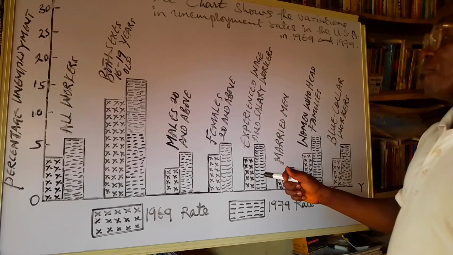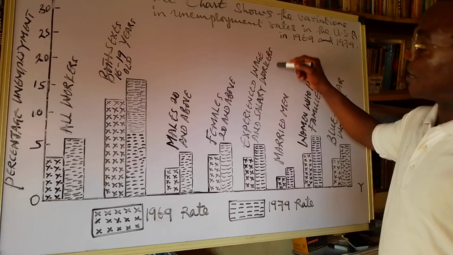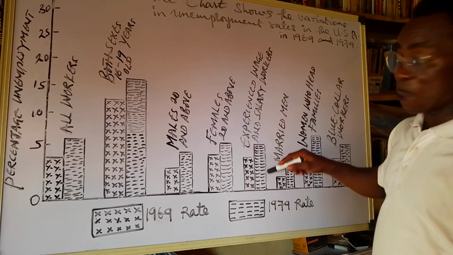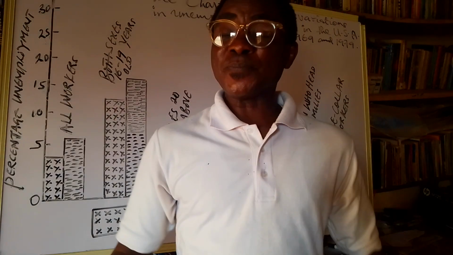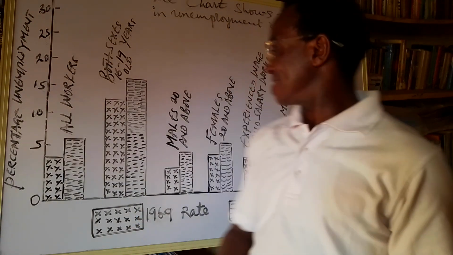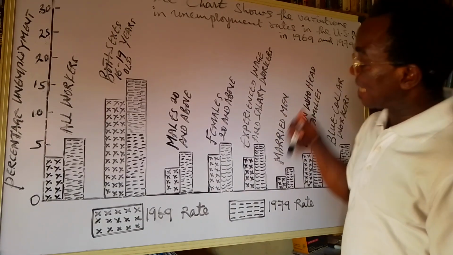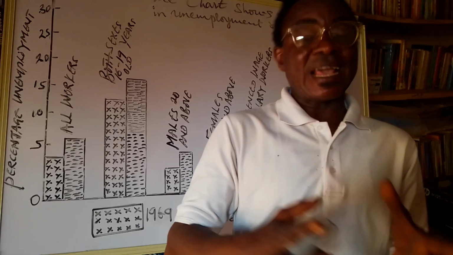And the fifth group stands for experienced wage and salary workers, that is, experienced workers who earn wages and salaries.